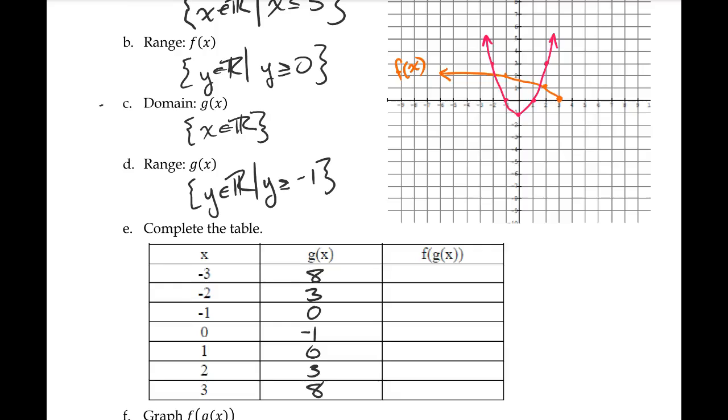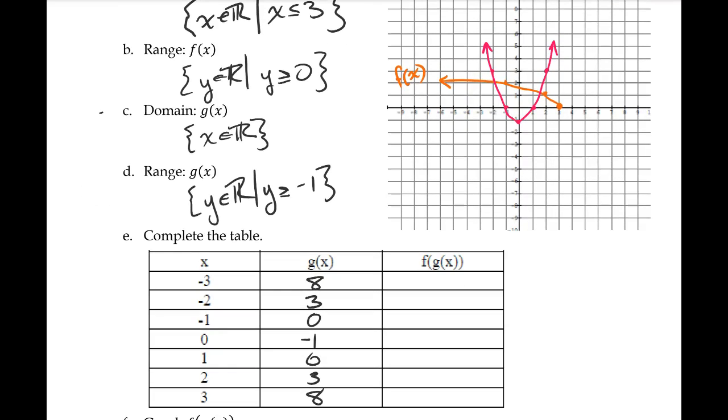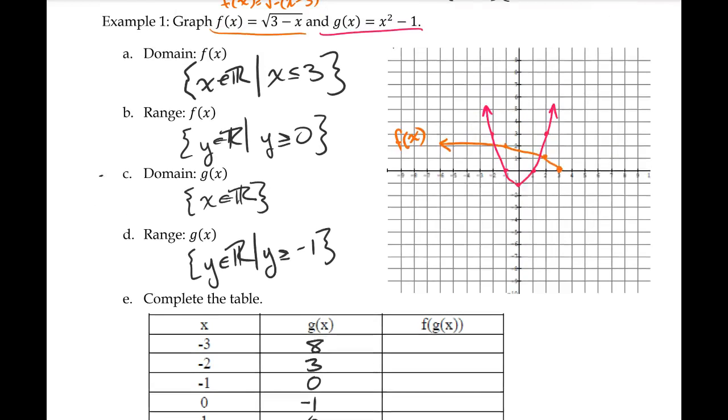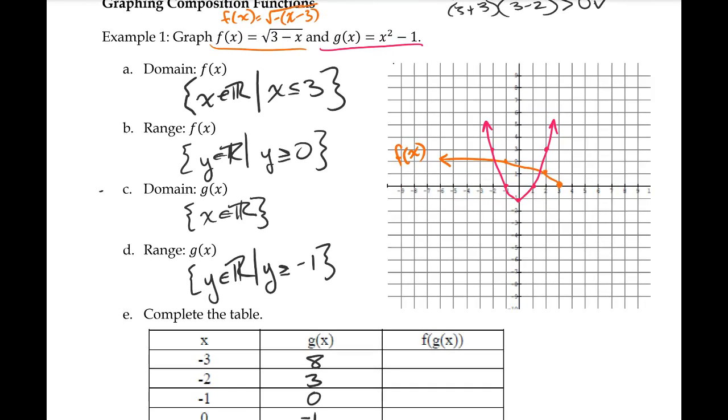Okay, so then if I'm going to be plugging those values in to f of x, I'm going to go in and say, okay, well, 8 taking away from 3 would be -5, and we can't take the square root of that.